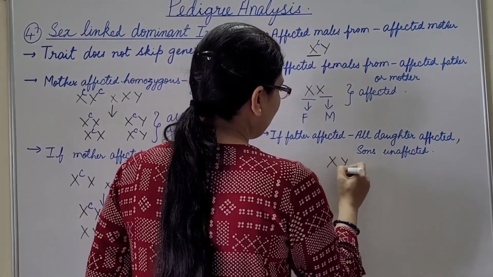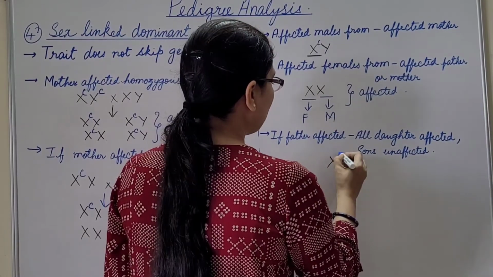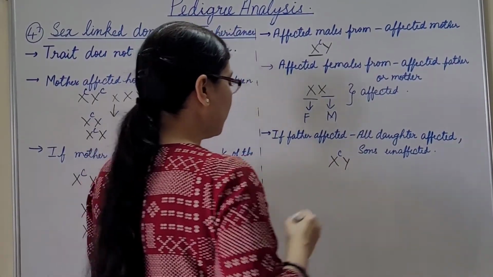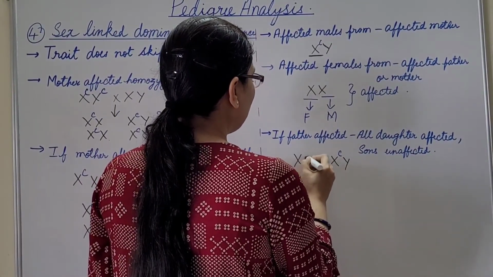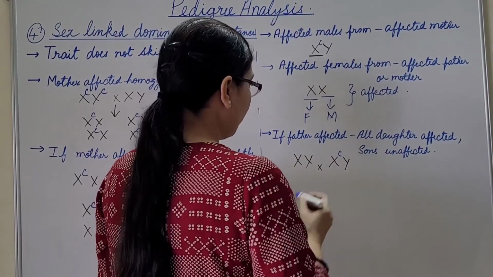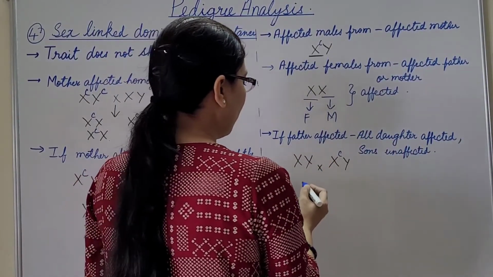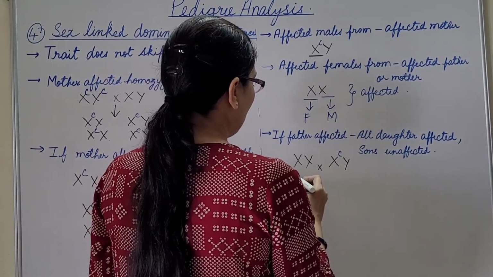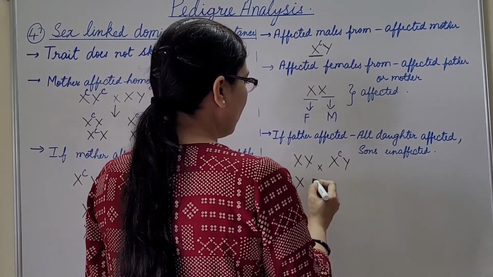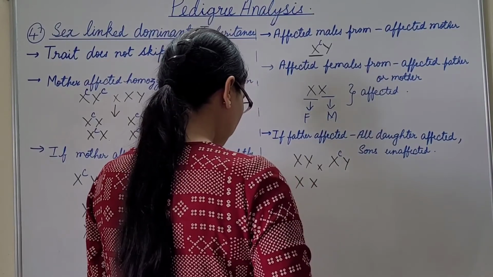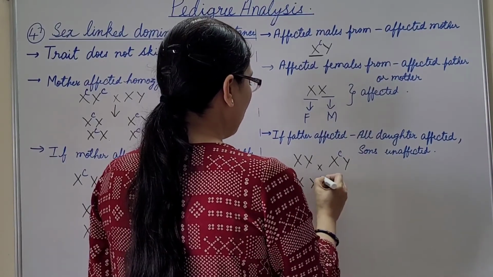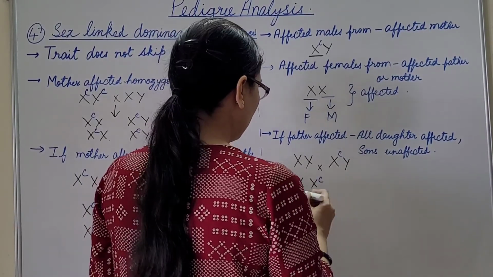If father is affected, that is, the X chromosome has the dominant allele for the trait, and mother unaffected, then all the daughters are affected and sons are unaffected, because daughter receives one X chromosome from father and the other from the mother. So one of the X chromosomes has the dominant allele for the trait.